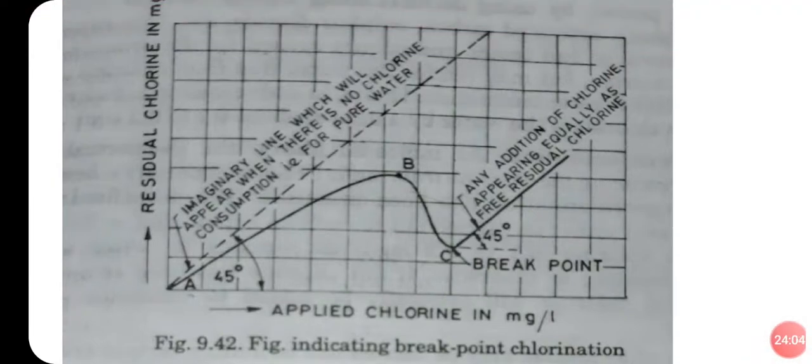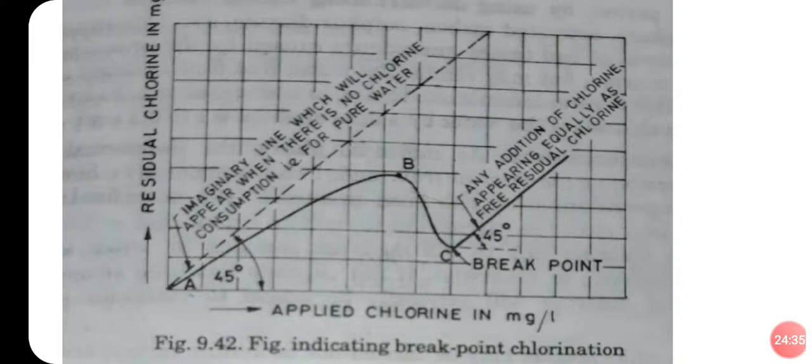In this graph you can see one dotted line. It is an imaginary line which appears when there is no chlorine consumption, that is, for pure water. In the horizontal direction it is the chlorine applied, and in the vertical direction it is the residual chlorine.